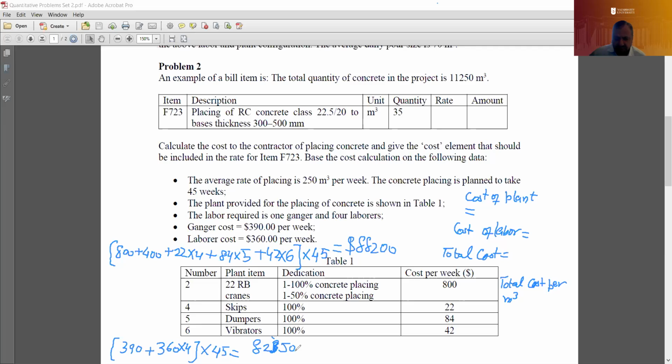Okay. And then the total cost will be 170,550.